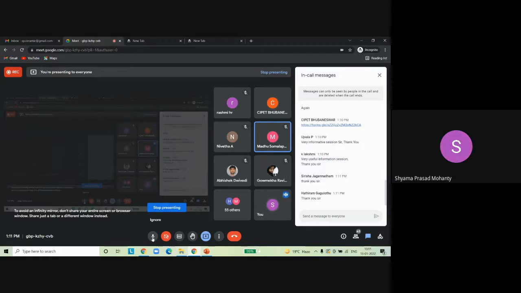So basically, it depends on what type of nanoparticles you are synthesizing. Let us say we are going for synthesis of TiO2 nanoparticles. You take the precursor like titanium tetra isopropoxide.